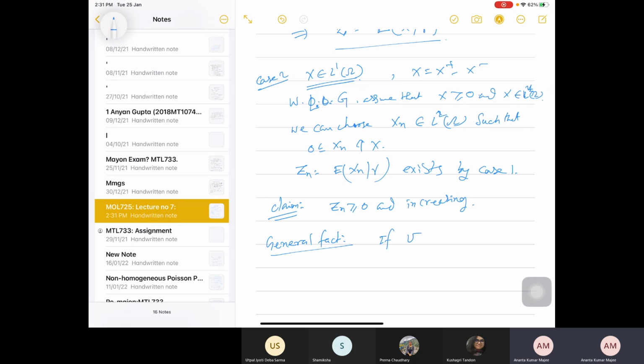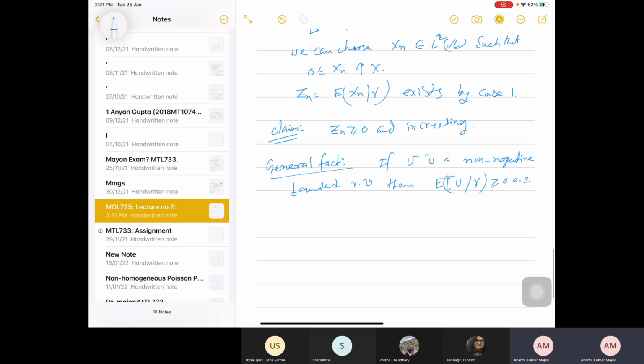If u is a non-negative bounded random variable, then the conditional expectation of u given nu is greater than or equal to 0 almost surely.